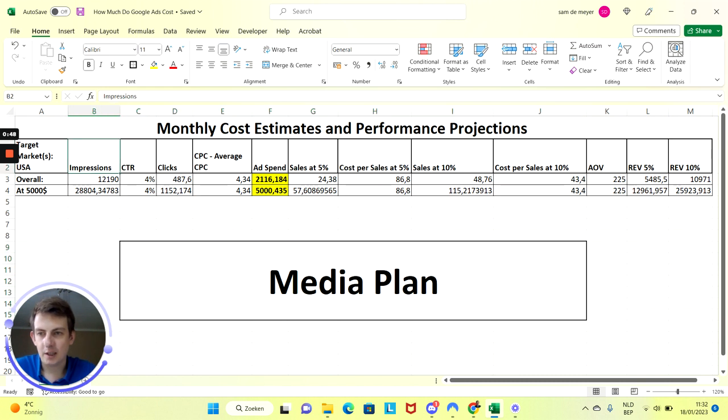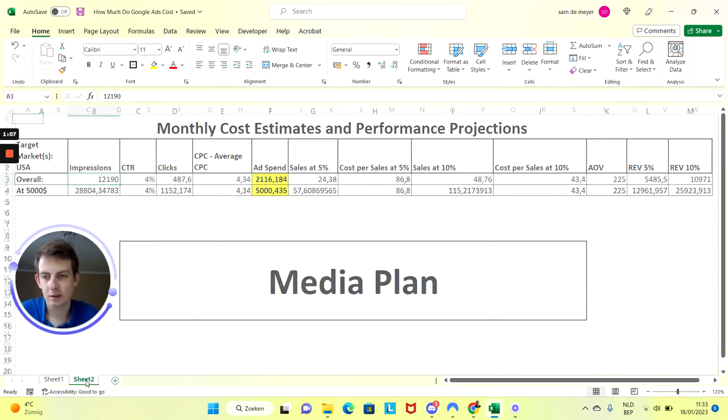So first column, the impressions. These are basically all your monthly searches of the keywords that you're targeting added up. So let's go to a new sheet.